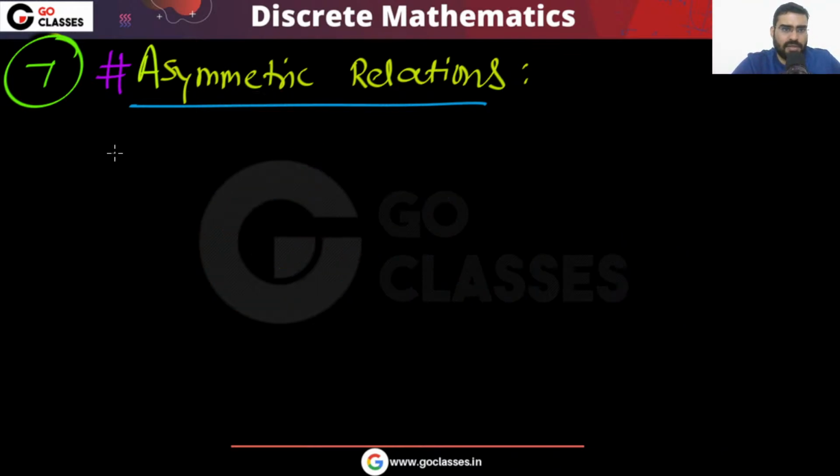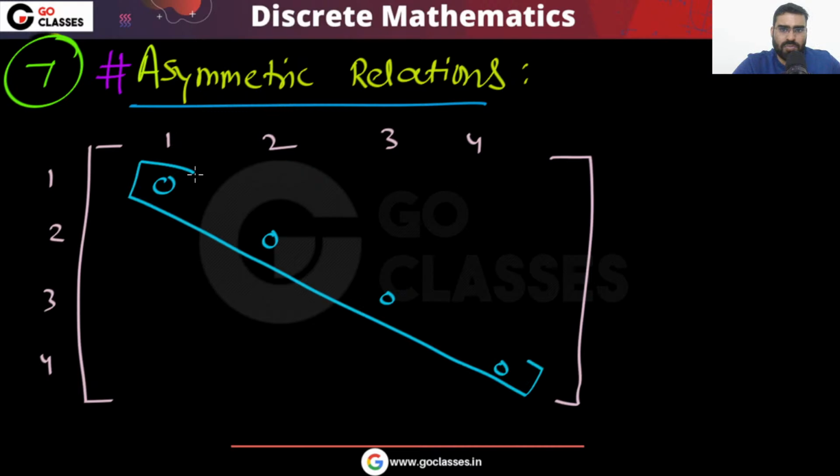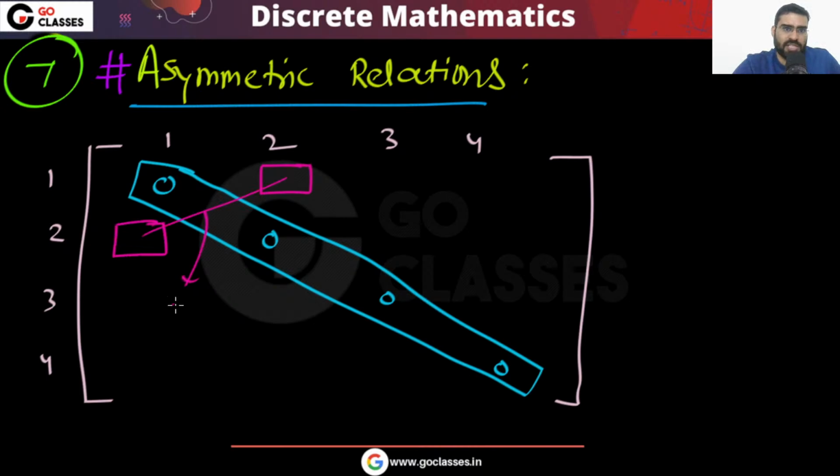When you have 1, 2, 3, 4 and 1, 2, 3, 4, all the diagonal will be 0. After this diagonal, this combination will have 3 choices.